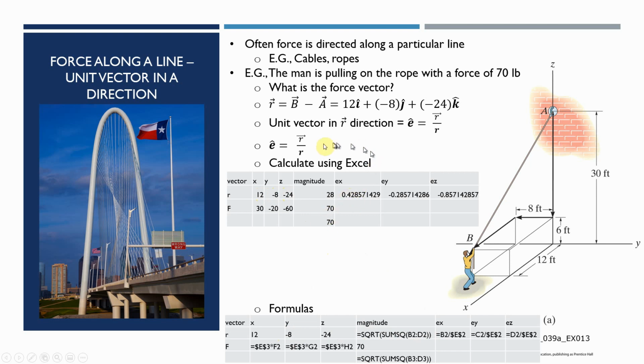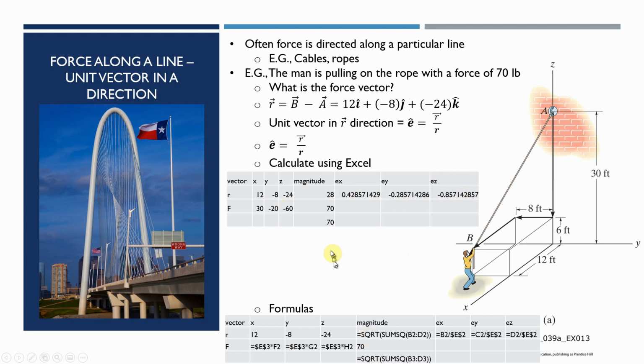That gives us the magnitude of R, and we create the unit vector. 12 divided by the magnitude is the unit vector in the x direction. Negative 8 divided by the magnitude is the unit vector in the y direction. Negative 24 divided by the magnitude is the unit vector in the z direction.